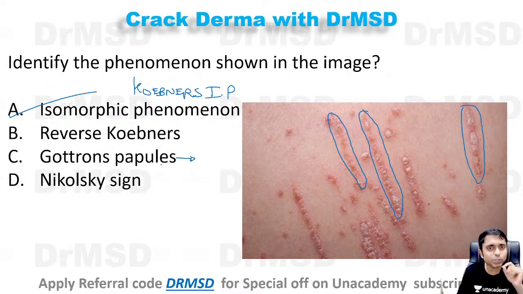So yes, any student, Gauter's papules. What is that dermatological disease which will strike you when you hear this word? Yes, anybody please try to answer in the comment section.